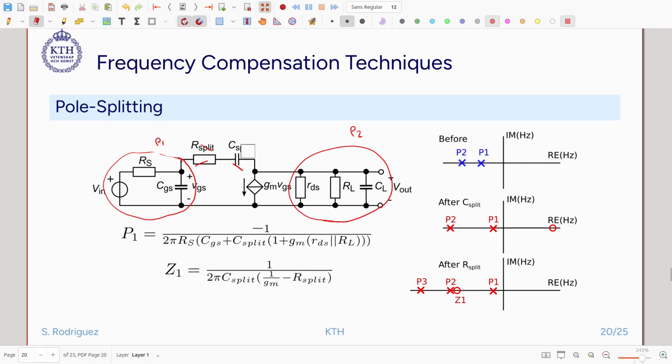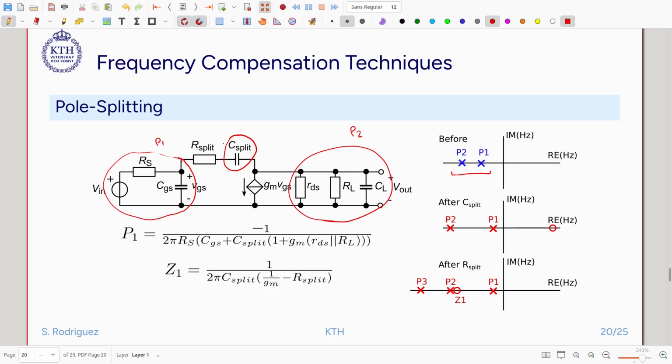and now, without any compensation, the locations of the poles are as shown here. Then if we add a capacitance here, we add a C-split here, we will have this pole splitting. Then two things will happen.